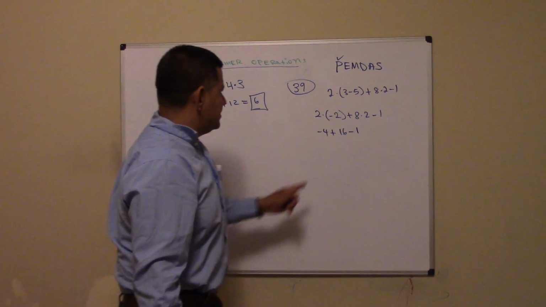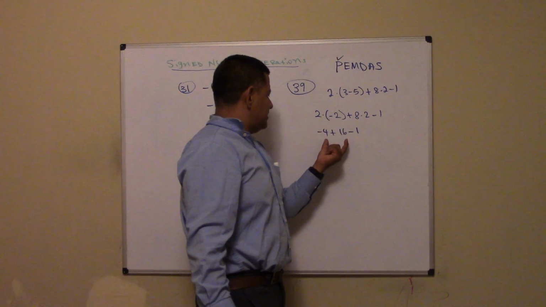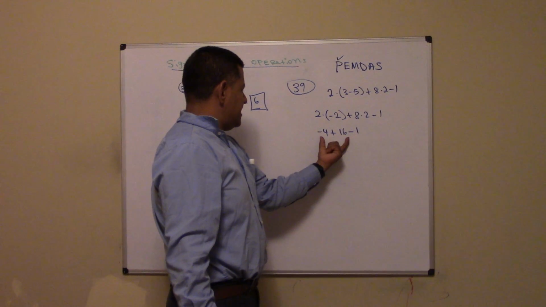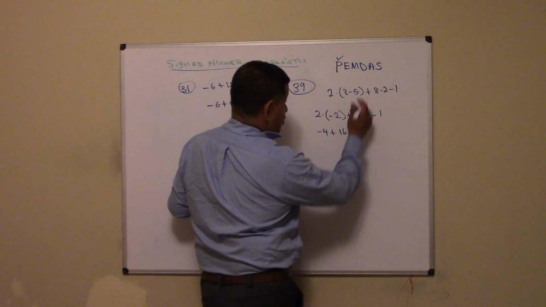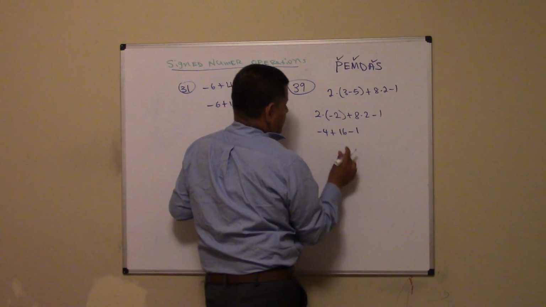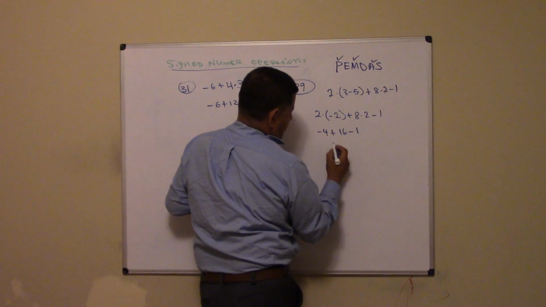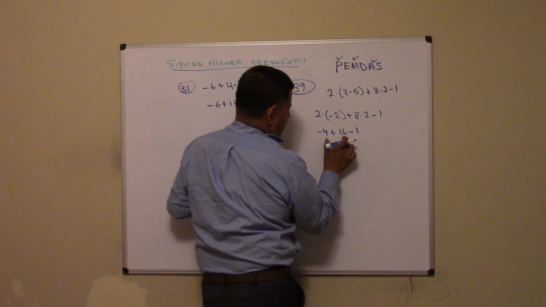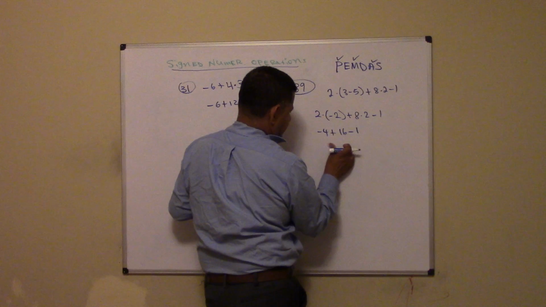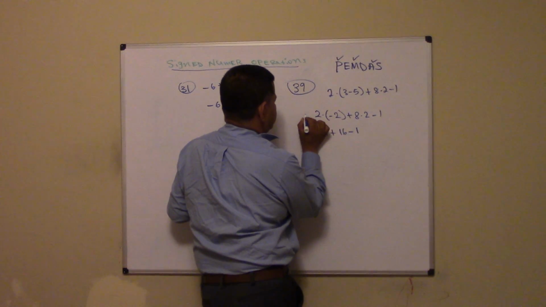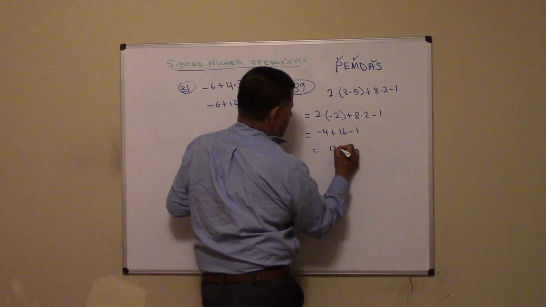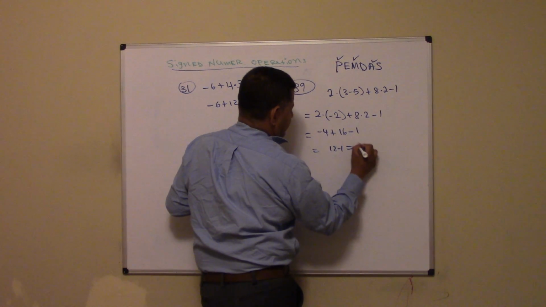Okay, so what is left? The last, now I gotta do addition, right? Which I can add this to, which is this step right here. I already did this, right? So I am doing this now. So then this is 12. So this is 12 minus 1, which is equal to 11.